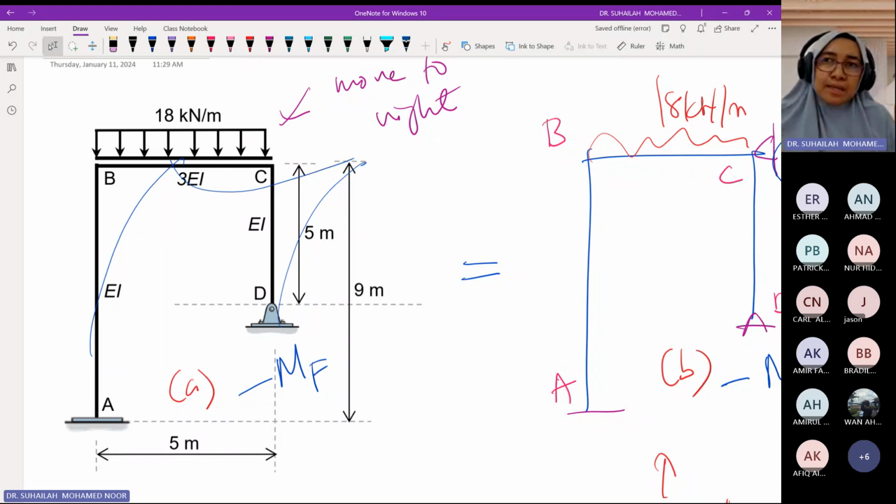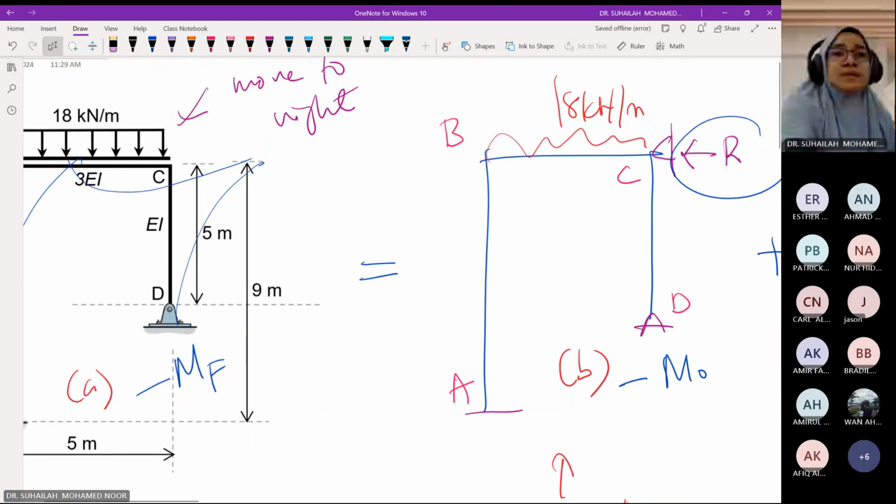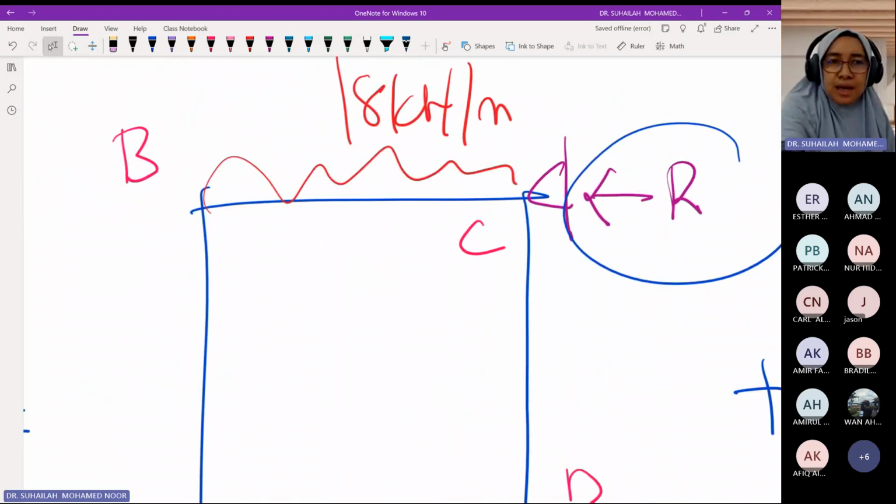So bila assume kanan, maksudnya frame ni dia condong ke kanan. So apa kita buat? Kita tolak balik R resistance force tu. R tu yang tolak dia ke kiri. Nampak tak? R ni melawan arah sidesway. That's why R kat sini dia negatif.